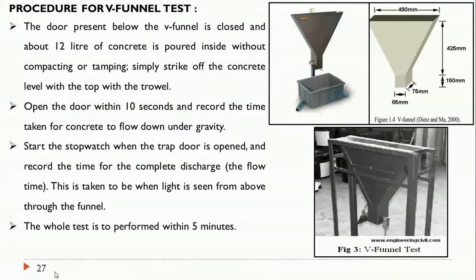How much time it has taken to flow from the V funnel to the bottom pan, we record the time taken by the concrete to flow down under its gravity. We start the stopwatch when the trap door is open, and check the time taken by the concrete for the complete discharge from the V funnel. So how can we see that?